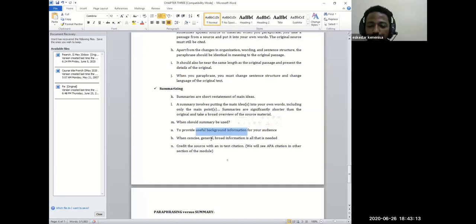We also use summary when we want general information. When our concern is to find out the general or broader information, you can also make a summary.